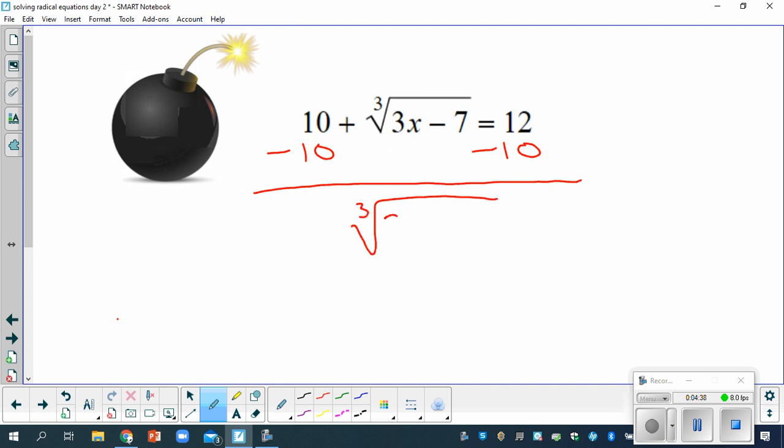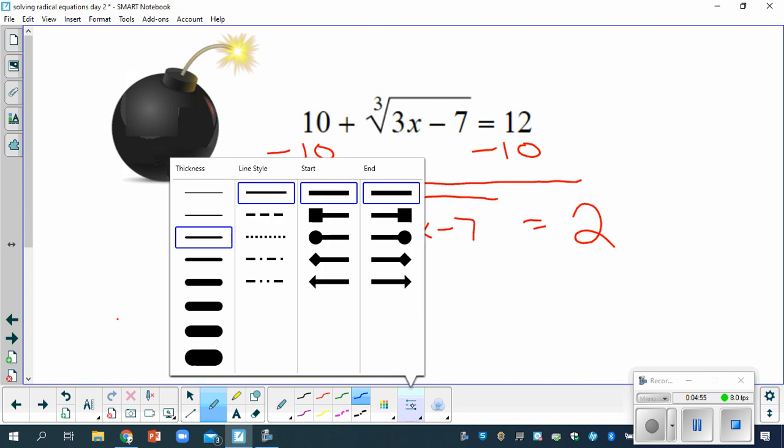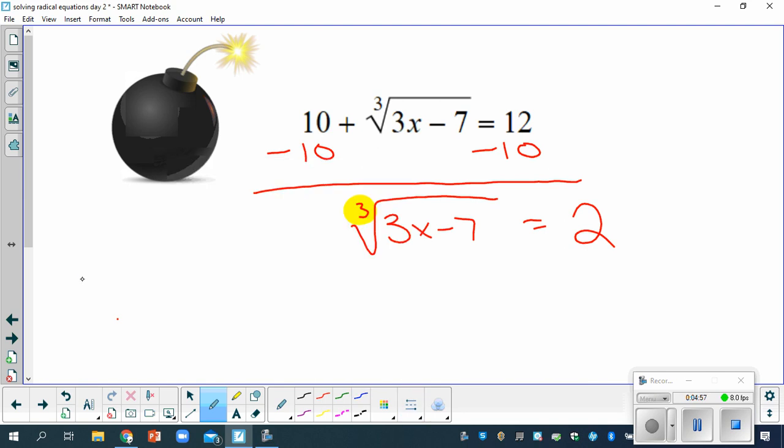But this time, a 2 is not going to do the trick. I need a 3. And how do I know? Because of this number right there. He tells you what size bomb you need. If it's a 2, you're going to do a 2. If it's a 3, you're going to use a 3, because that's the inverse. We're undoing it. So these cancel, nice and easy.